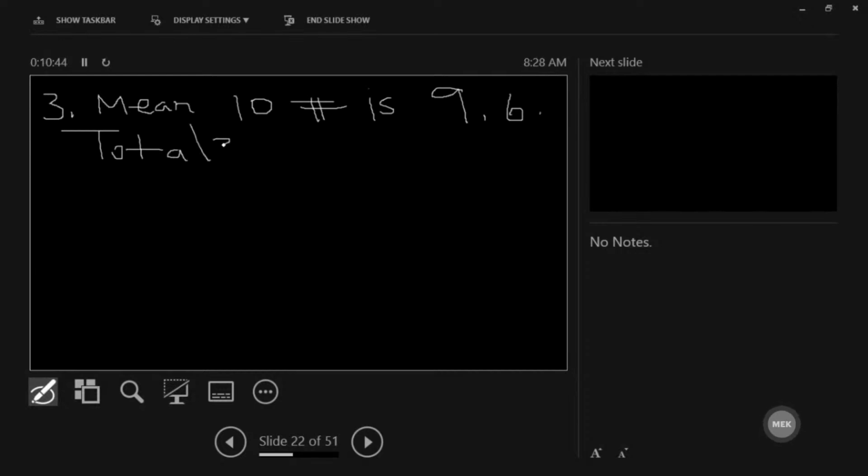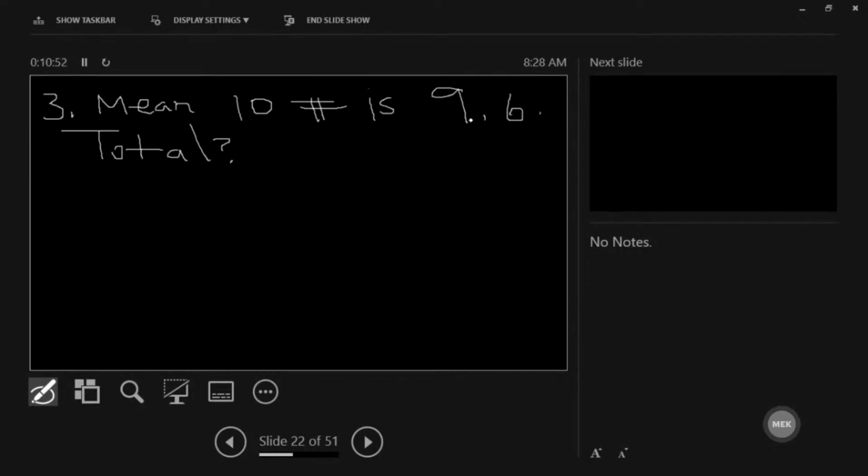So the mean of 10 numbers is 9.6. What is the total? It doesn't matter that it's a decimal, fraction, whatever. The same principle applies.